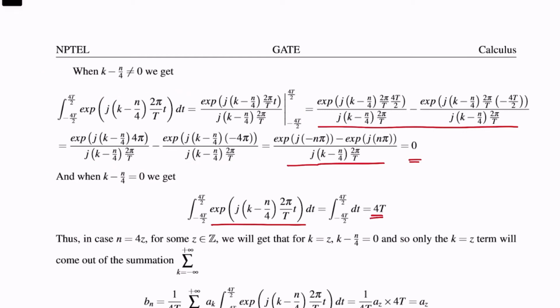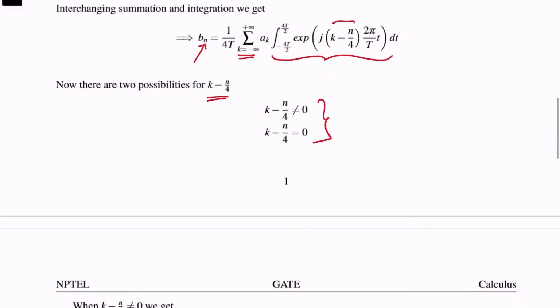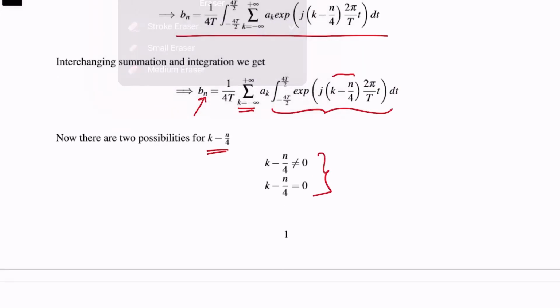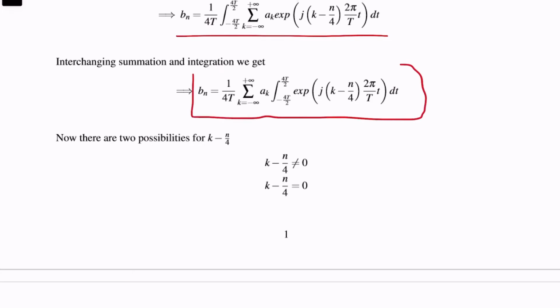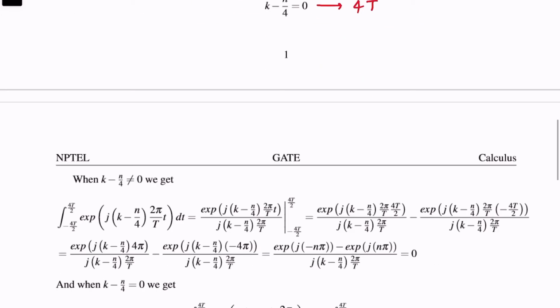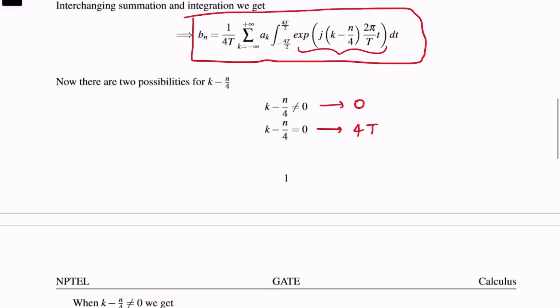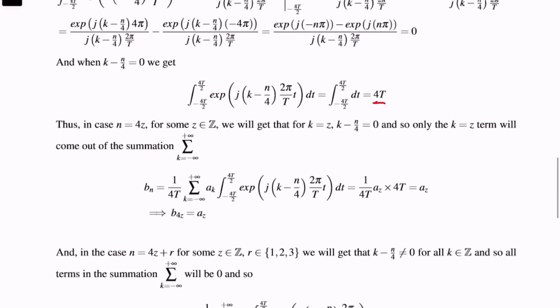So going back to where this all came from, it was for this expression for b sub n. We had two possibilities for k minus n by 4, and we saw that whenever k minus n by 4 is not equal to 0, this expression became 0, and this expression became equal to 4T when k minus n by 4 was 0, right?